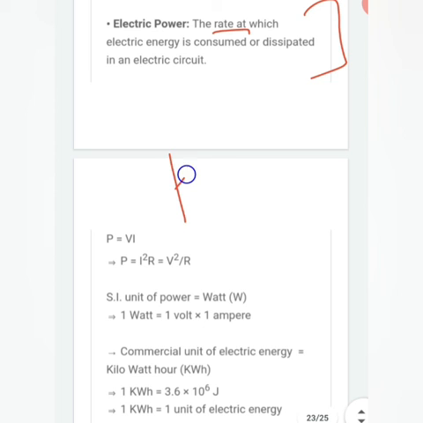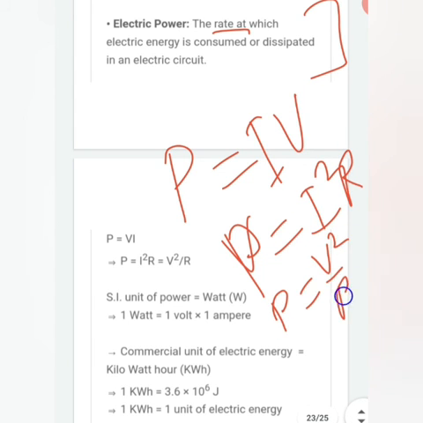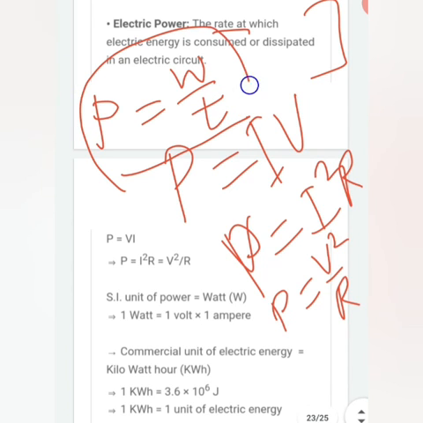There are relations which are very much important. P is equal to IV, P is equal to I square R, and P is equal to V square by R. These three relations are very much important. According to the definition, power is equal to work done upon time, which is energy consumed upon time, where W can be taken as electrical energy.